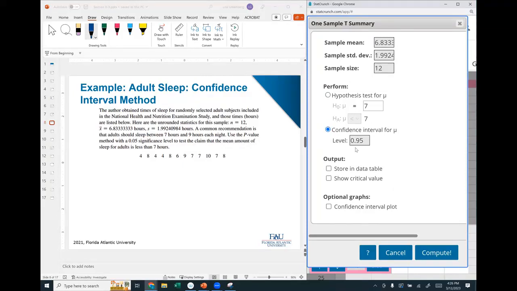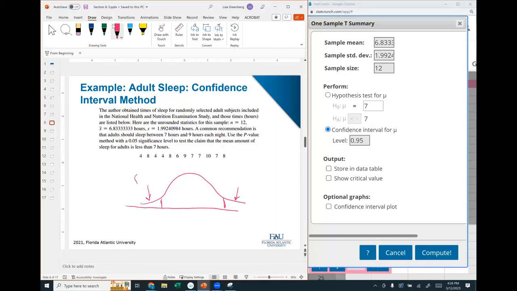Remember, the difference between a confidence interval and what we just had is that the confidence interval is between two things. So either side of this would be reject.